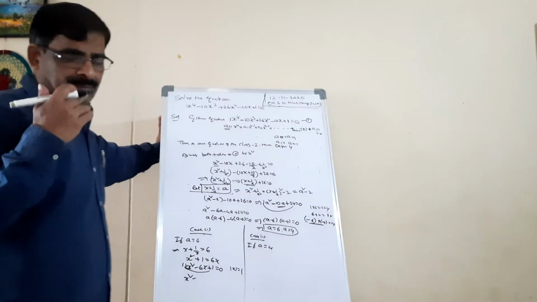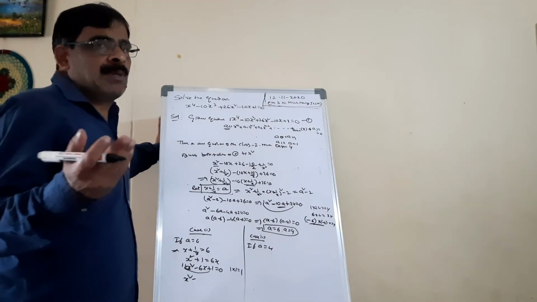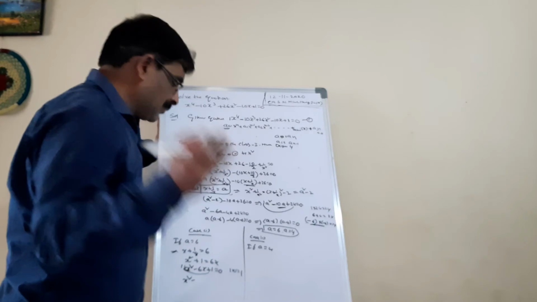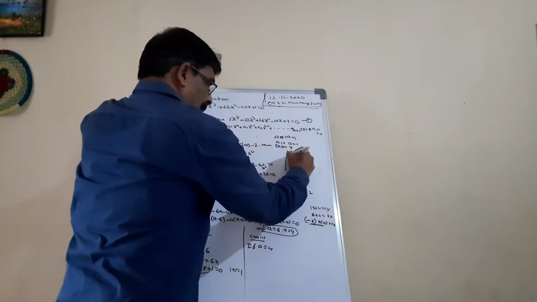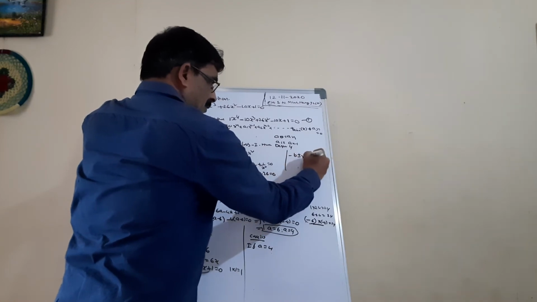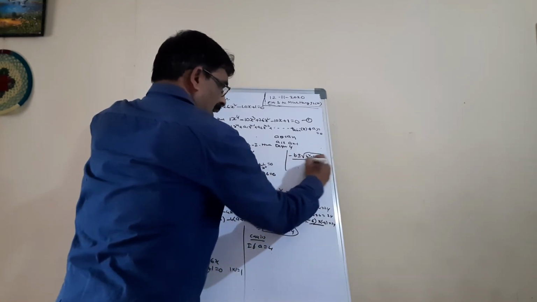You can apply the formula minus b plus or minus square root of b square minus 4ac, all by 2a.